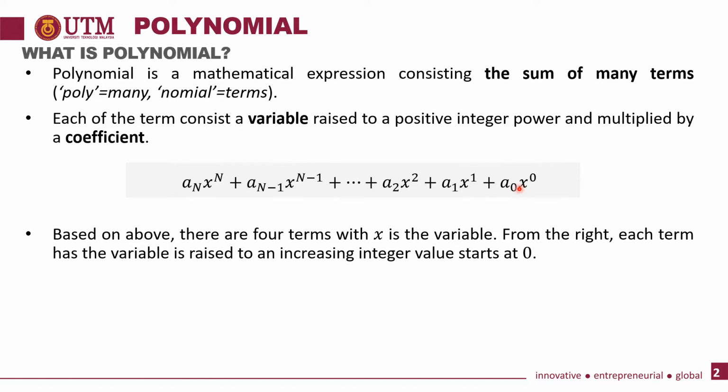So in a polynomial expression, it actually starts from the right-hand side, where the term is multiplied by the power of 0, and then it increases by 1 to the power of 1, the power of 2, until the maximum power of the term. Inside the expression itself, there is the coefficient, represented by the value a. Each term has its own coefficient.